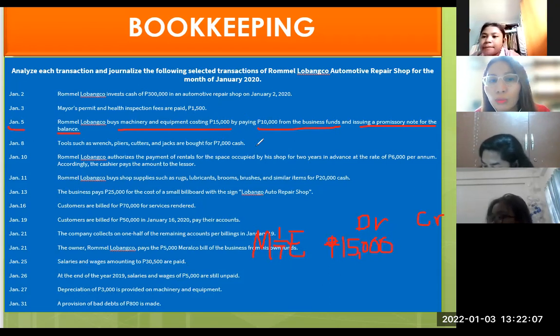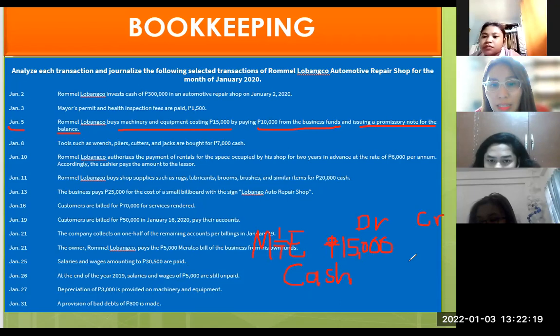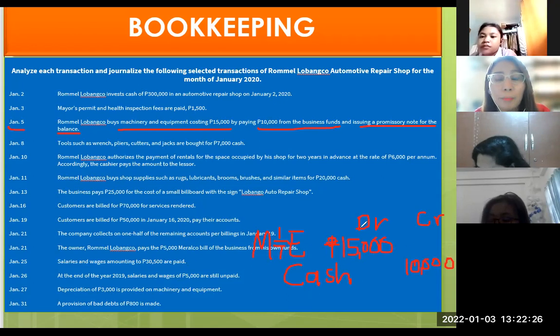Then credit, the two mode ng kanyang payment, 10,000, paying 10,000 from the business funds. Therefore, it is cash. Credit, 10,000 pesos. And another mode ng kanyang payment ay promissory note, promissory note for the balance.